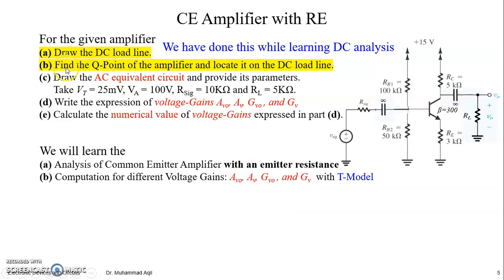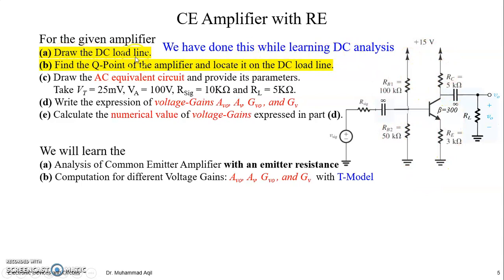Draw the DC load line, the first two parts. Find the Q point of the amplifier located on the DC load line. We have done it while learning DC analysis. Please open those lectures and then you can see the same problem, because the DC circuit will be this one, right? Okay, we have introduced this nonlinear source later, but the DC equivalent circuit will be the same, and this one we have already analyzed.